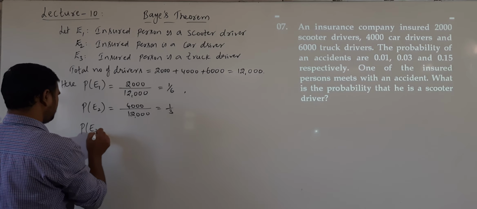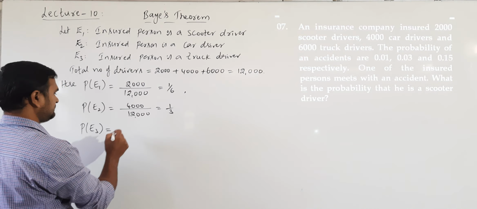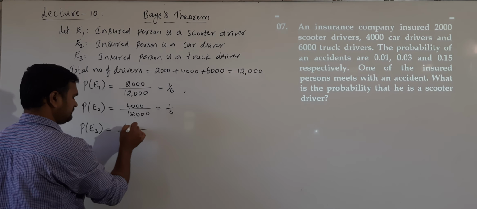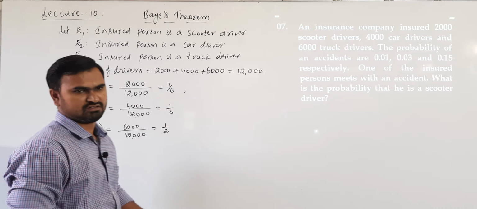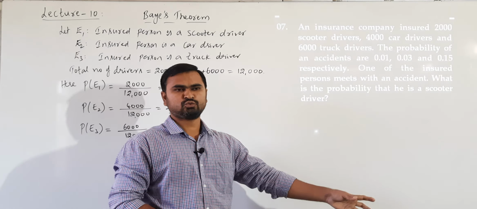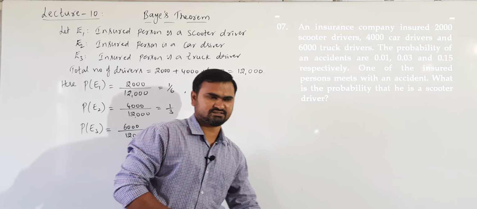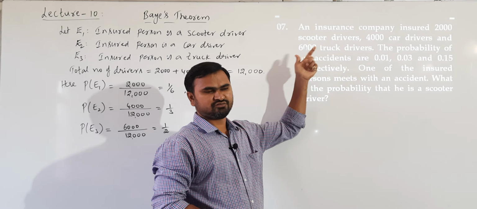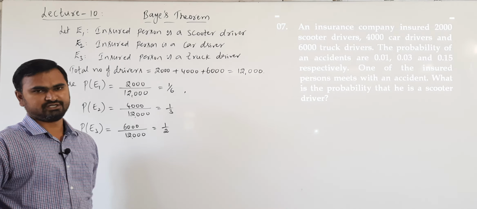And the probability that the insured person is a truck driver is 6,000 out of 12,000, which is 1 by 2. Usually we have problems with two bags or three coins that have equal chances of occurrence. But here the number of drivers is different, so the probabilities of occurrence are also different: 1 by 6, 1 by 3, 1 by 2.